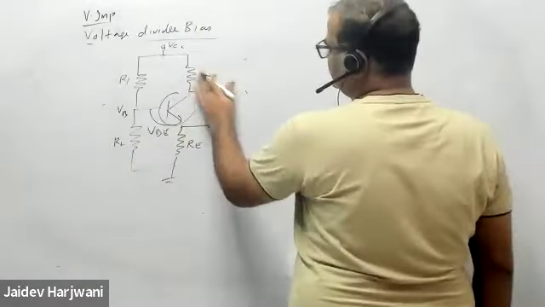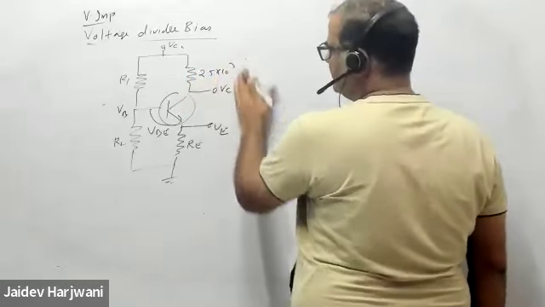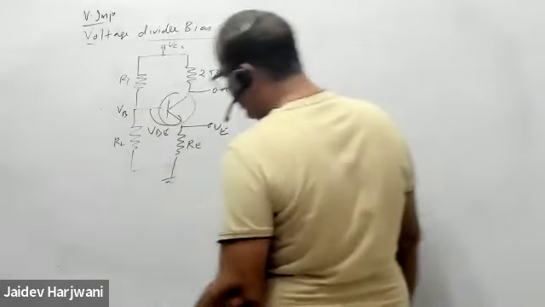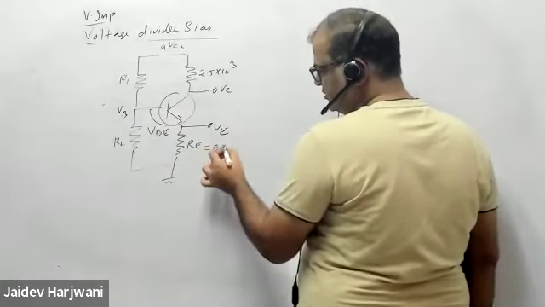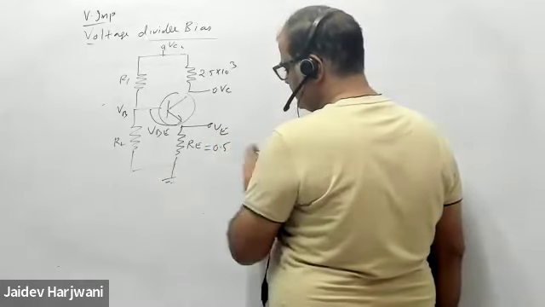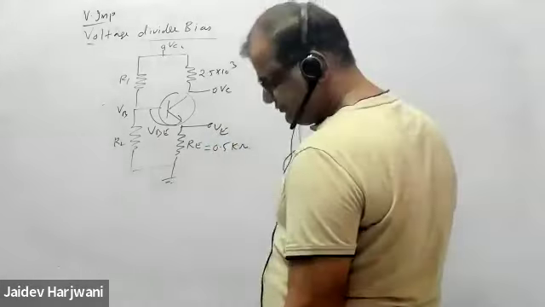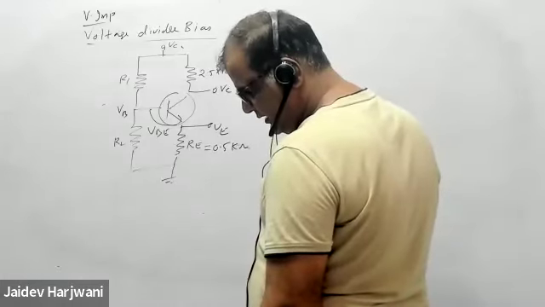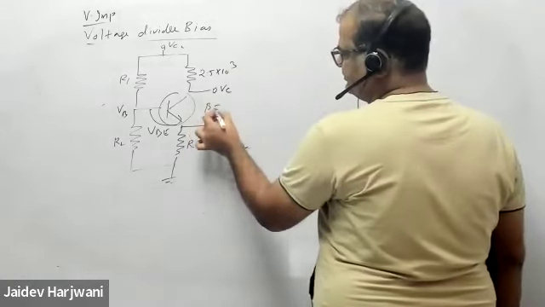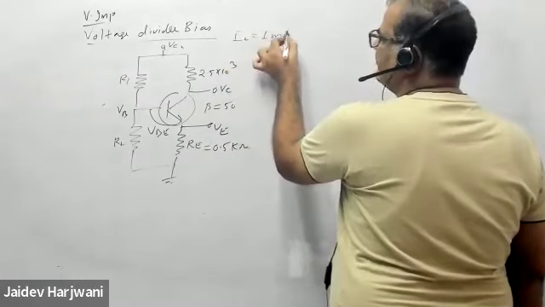RC is given, 2.5 kilo ohm. And RE is given, 0.5 kilo ohm. Okay, this is given. And beta value is given, 50. And IC value is given, 1 milliampere.